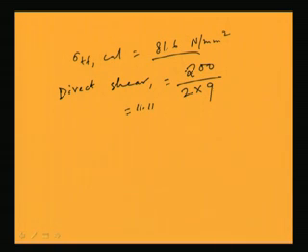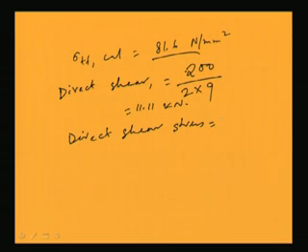So, direct shear we can find out from here, this is in kilonewton. So, shear stress due to direct shear, shear stress due to direct force will be this divided by area.